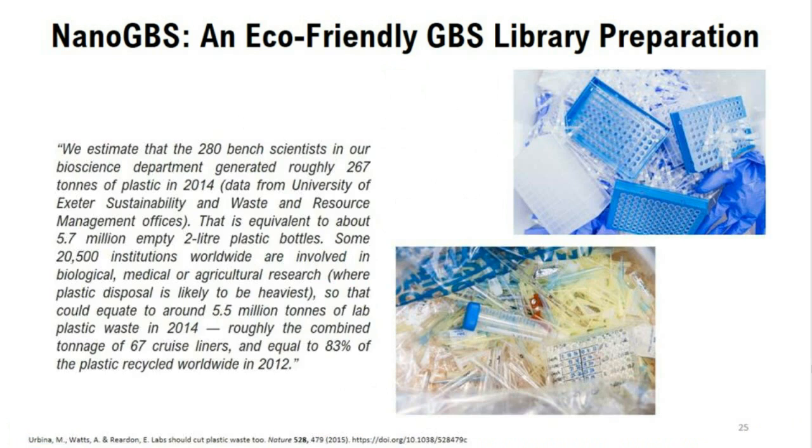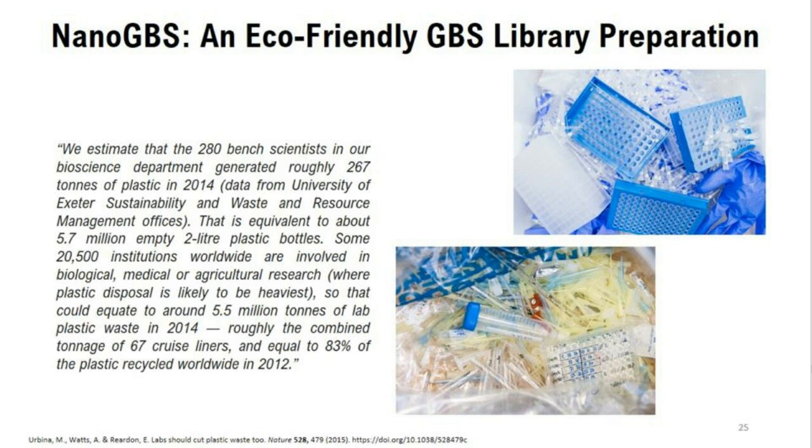The genomic lab is one of the sources of plastic production because we use tons of tips for manual pipetting. And the sad part is that most of these plastics that we use in genomics labs are not recyclable.